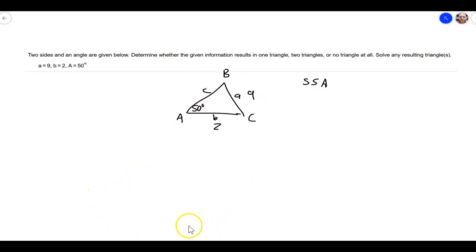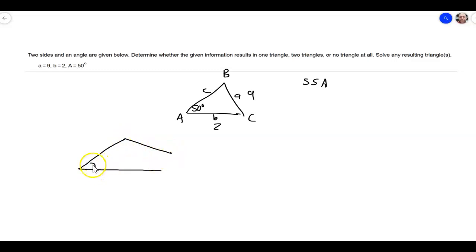So let's say this length can be as long as we want. But let's say this angle here is fixed, and we have this side right there, which is also fixed, and this side is fixed here.